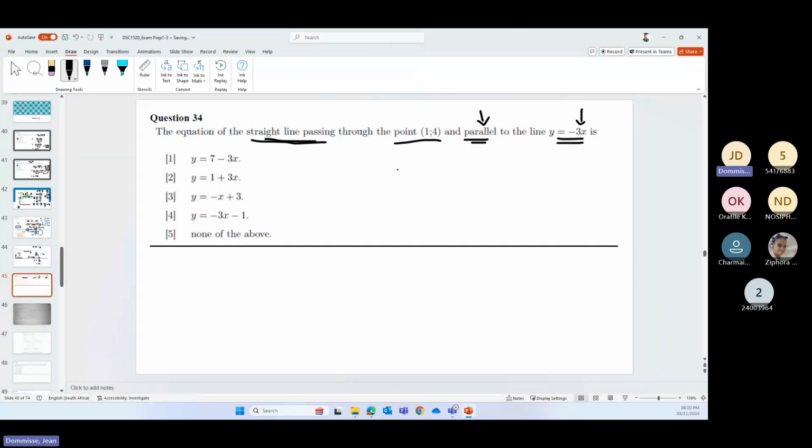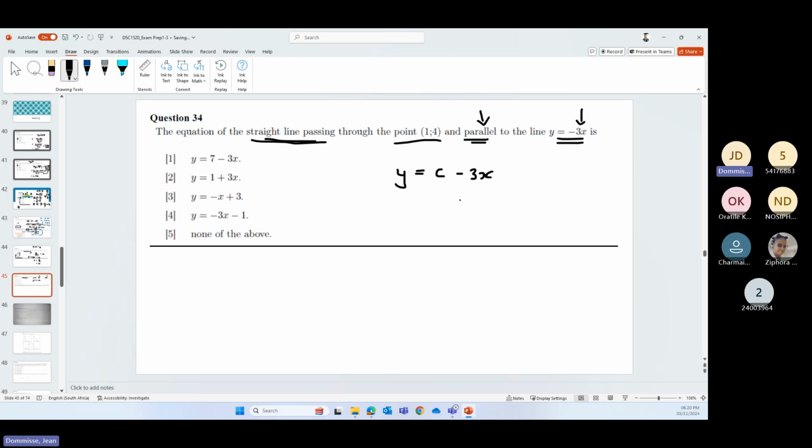So I can nearly already say my line is going to be, and in this instance I don't know what the y-intercept is, but I know that my slope is going to be exactly the same, minus 3x, because the lines are parallel.